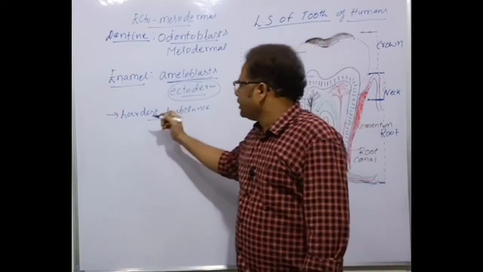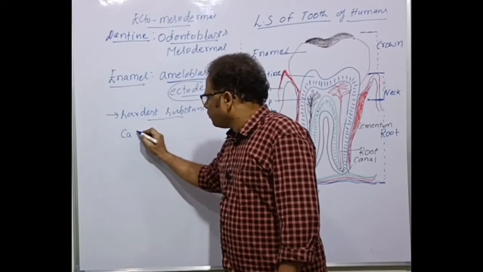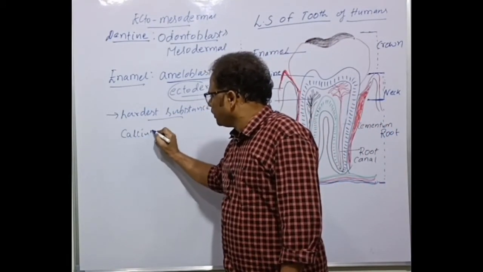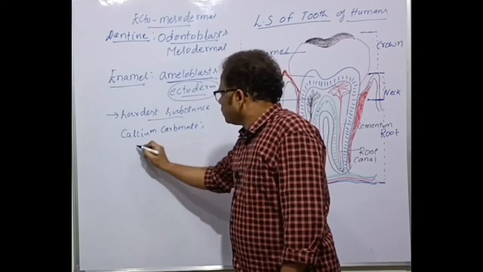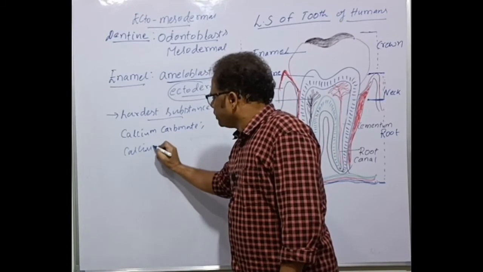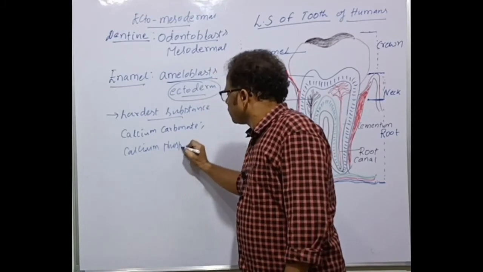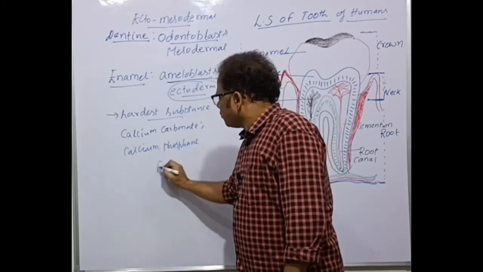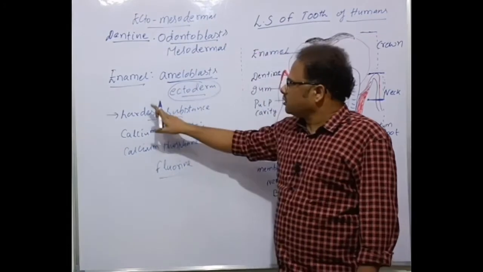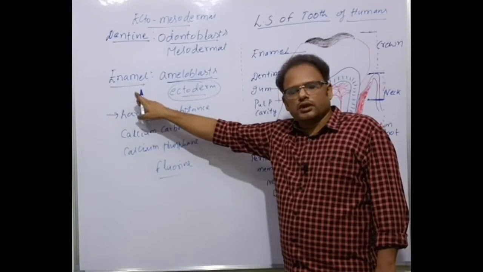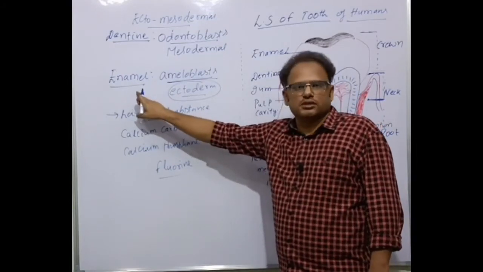Because enamel is made of calcium carbonate, calcium phosphate, and it also contains fluorine, which gives toughness to enamel. That's why it's the hardest substance of the human body.